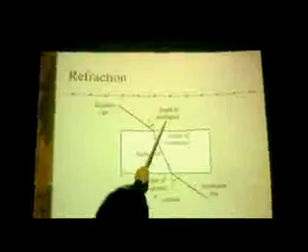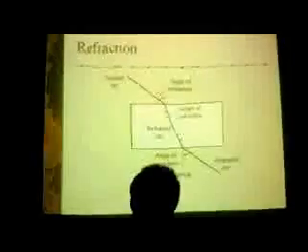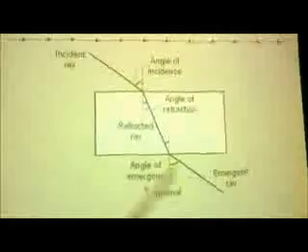So, refraction. Incident ray and the angle of incidence. Refracted ray and the angle of refraction. Angle of emergence, and the emergent ray. This is the normal.